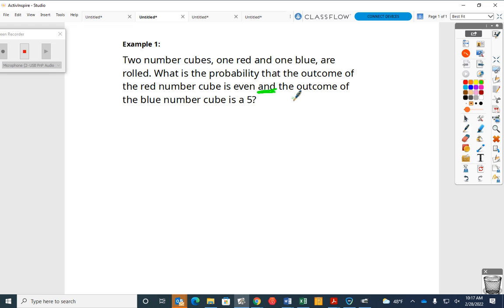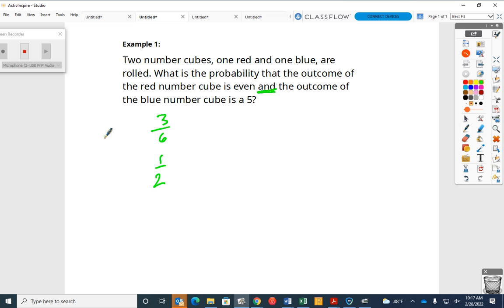So what we're going to do is find the probability of each one of these independent events. Does rolling a number cube affect what I get on the other number cube? No. Doesn't have anything to do with it, right? So what is the probability on the red number cube of getting an even? How many evens are there? 3 out of 6, which I can simplify to 1/2.